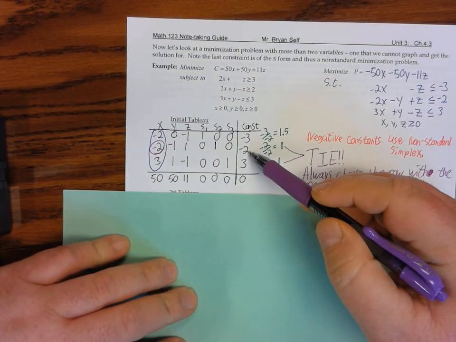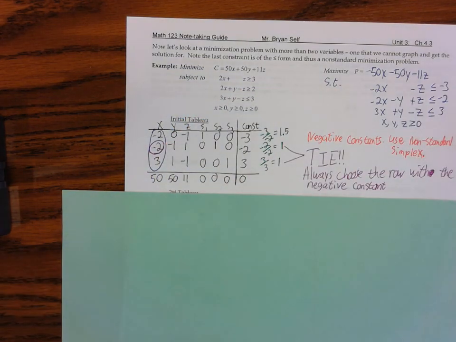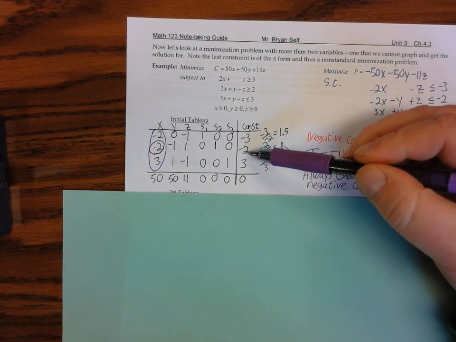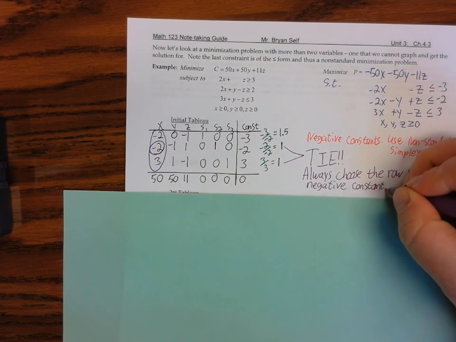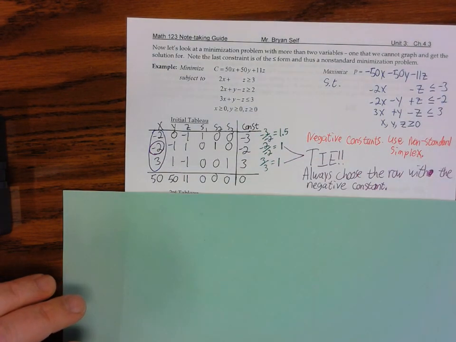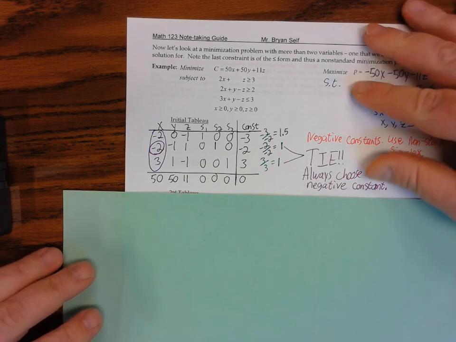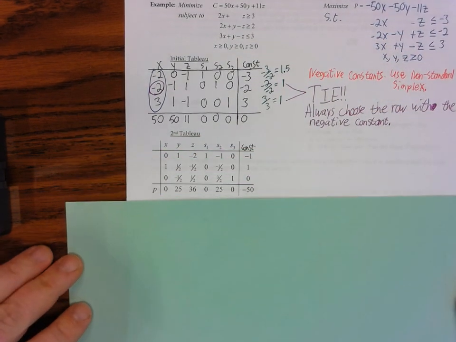Row 2 has the negative constant. And it also just so happens to be on the top. We got lucky this time, but always choose the row with the negative constant when you have a tie for the smallest positive ratio. So, we'll pivot in row 2, column 1, which will give us this tableau.